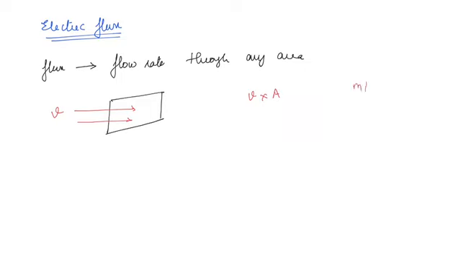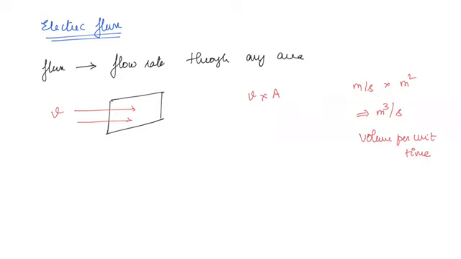V is meter per second and area is meter square. So you are going to get the resultant meter cube per second. That is nothing but volume per unit time. So that is the flow rate of the air through this particular area.